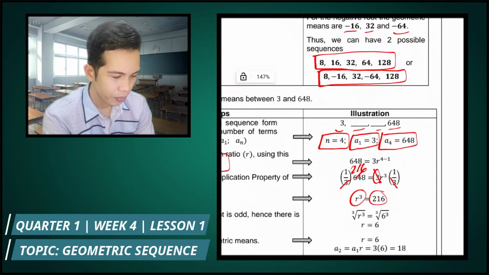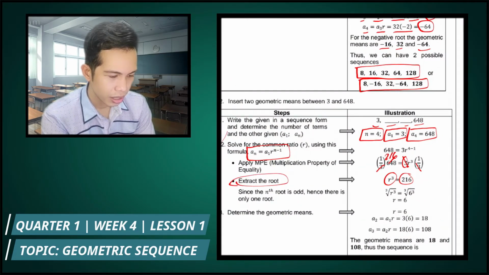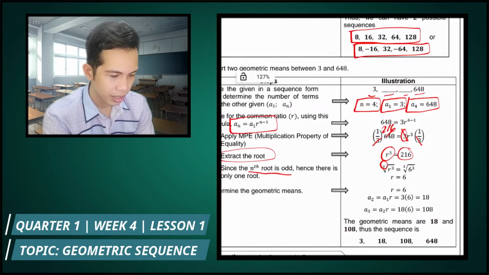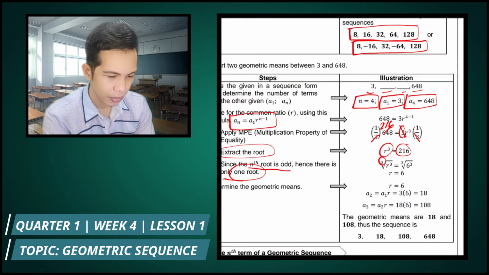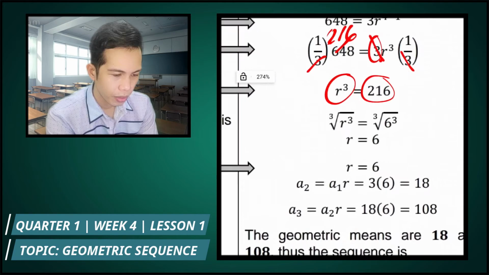Now, next step, we extract the root. Since the nth root is odd, you can see here our nth root is 3, and that is odd. This means that we can only have one root. Now we are going to extract the nth root.